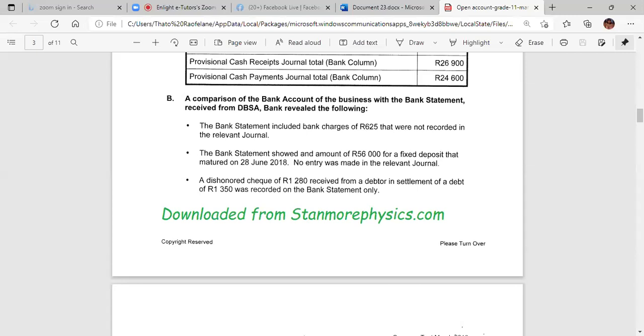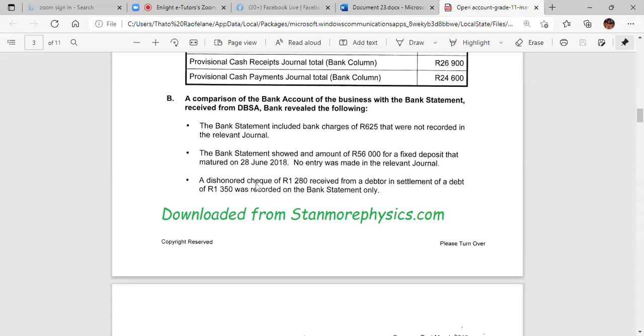So, why is a cheque dishonoured? Because it bounced, the person did not have enough money, though we have multiple reasons. You know, these are grade 10 questions.